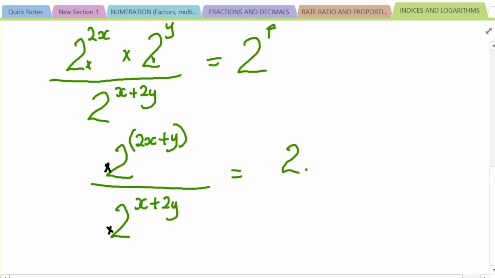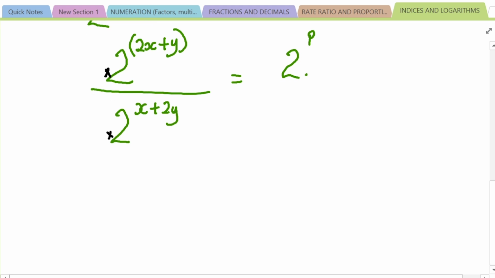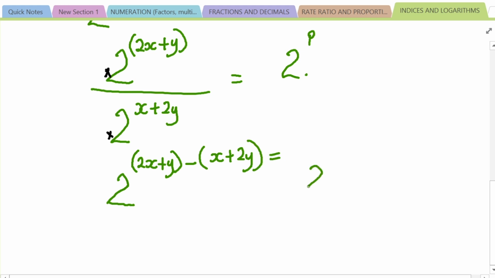Remember, this is 2 to the power p. So we continue like that. We put the 2, and then we say this is 2x plus y minus the bottom power, which is x plus 2y, is going to give us 2 to the power p, like that.